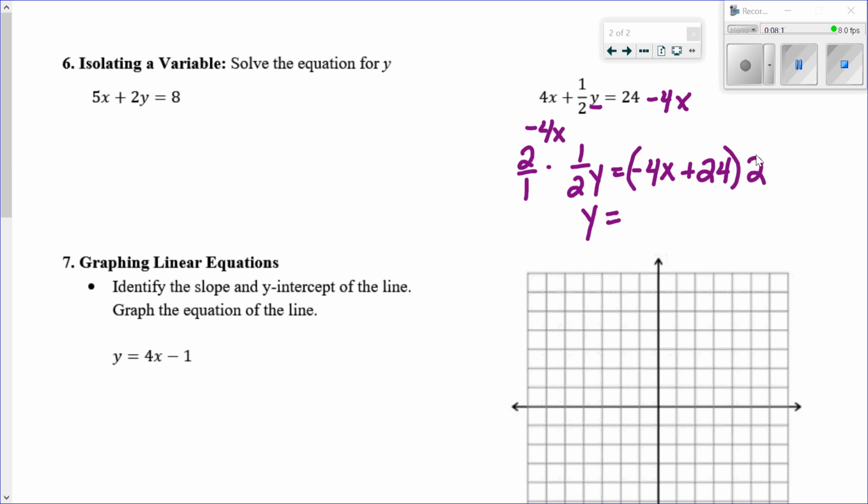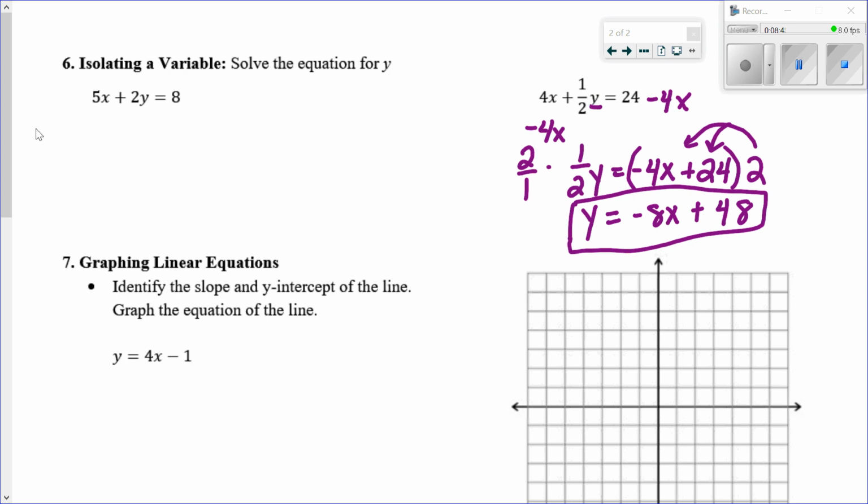Since I'm multiplying the whole expression right here by 2, I'm going to just distribute to each one. 2 times negative 4x gives me negative 8x, plus 2 times 24 gives me 48. Okay? If you look, y is by itself, so we are good. Lovely. Okay.